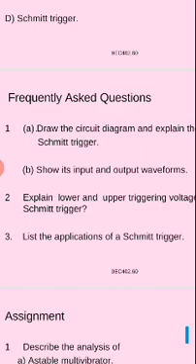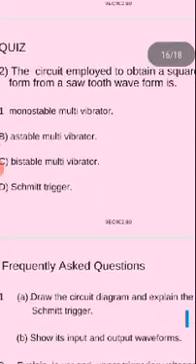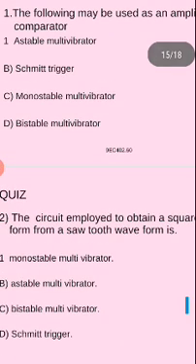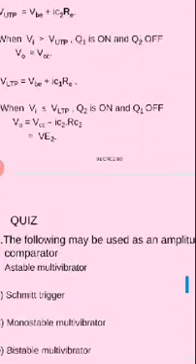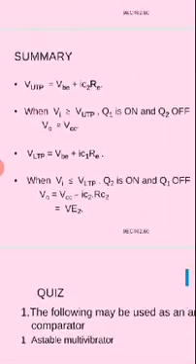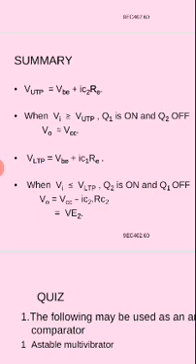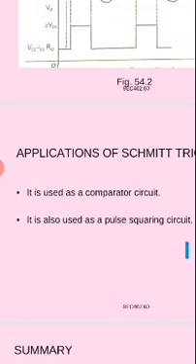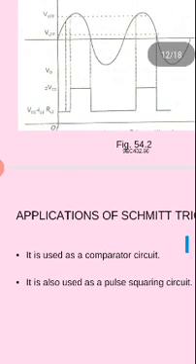So we completed frequently asked questions and some quiz points based on Schmitt trigger. We discussed summary points, the main points discussed in the summary. Applications, comparator and pulse squaring circuit.